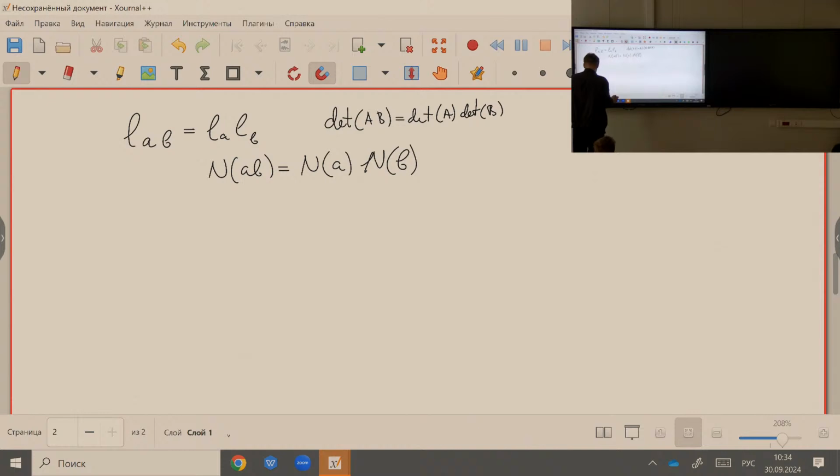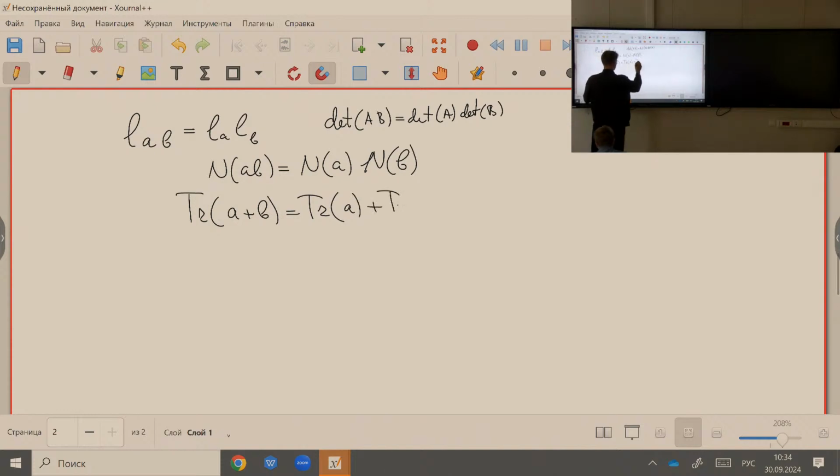And trace is additive. So trace of A plus B is equal to trace of A plus trace of B. So trace is a linear function on the algebra.